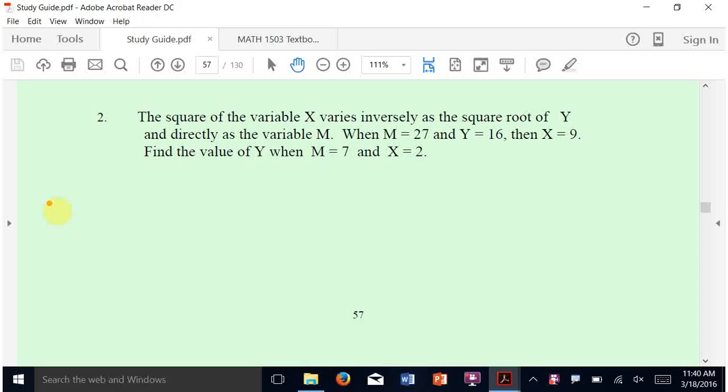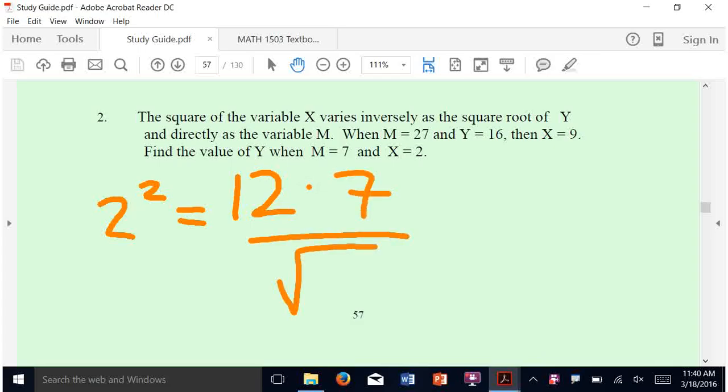Okay, so find the value of y when m is 7 and x is 2. So we have 2 squared equals, our k is 12, m is going to be 7, and we want to find out y, and our equation involves the square root of y.